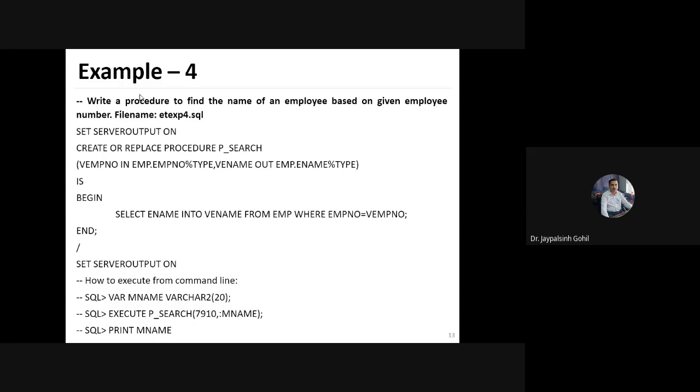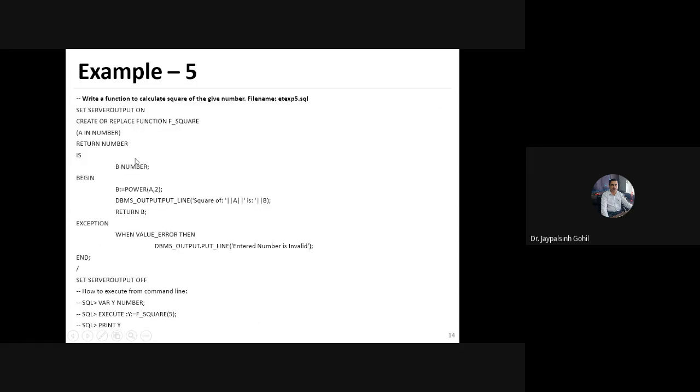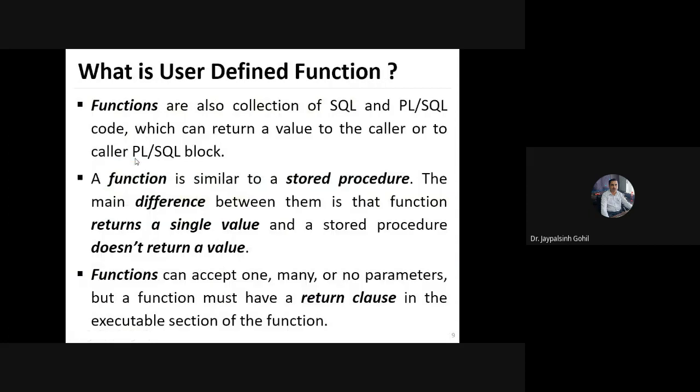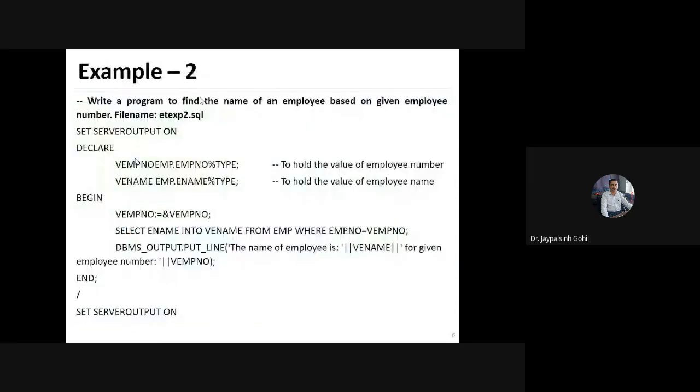See here example 4, I have created a procedure. Name of procedure is p underscore search. Remember this name, this name we will use on command line to execute or call this procedure. Now two parameters I have to write. If you see example 2, we have declared two variables.